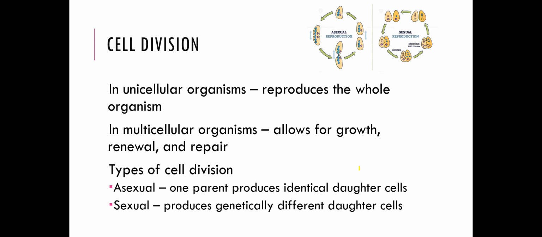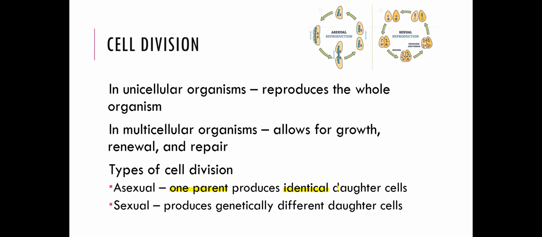Now in multicellular organisms, it's a bit more complex. Obviously we have trillions of cells, and so as we mentioned, for organisms like us, it allows us to grow, renew, and repair. And like we mentioned in the last slide as well, the key to asexual is that you have one parent cell and it produces identical daughter cells. And so the key to asexual is that it stays the same.